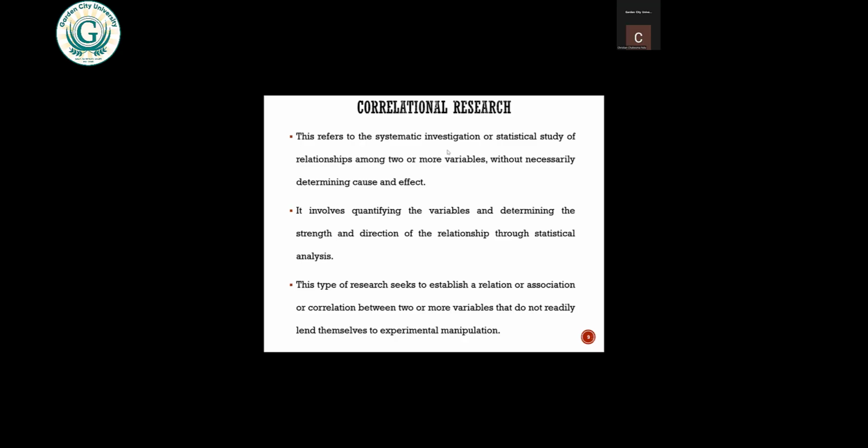When you do a correlational study, it doesn't tell you the exact cause of the effect you are seeing. It doesn't tell you the exact cause of your dependent variable.